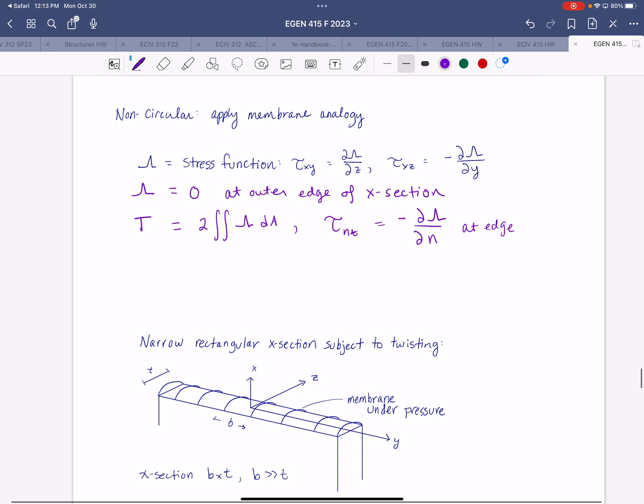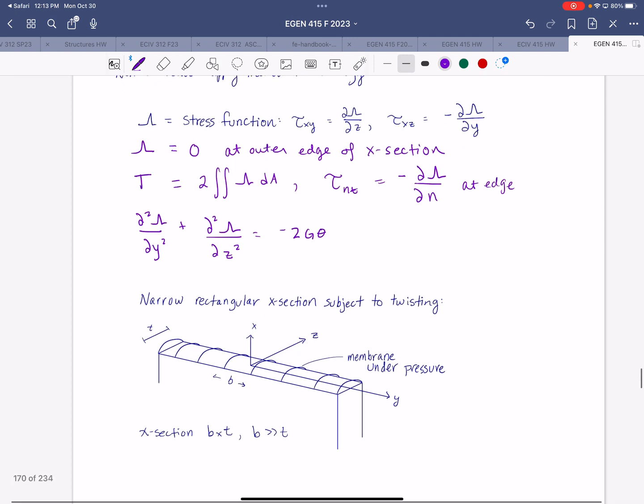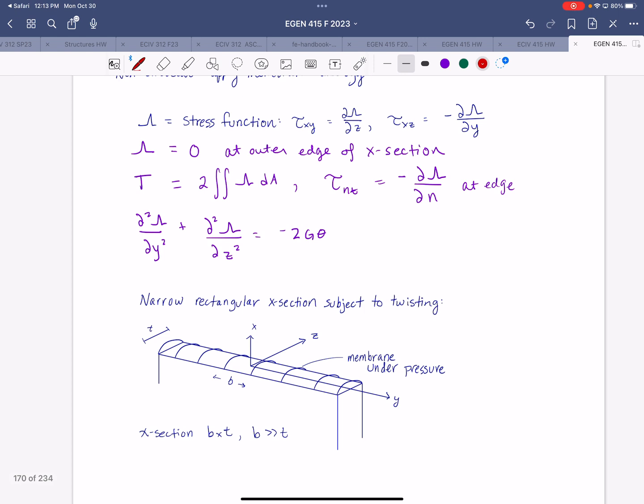And we also have the second partial derivative of lambda with respect to y plus the second partial derivative of lambda with respect to z is equal to negative 2G theta. So these are all things that were determined in the previous lecture.